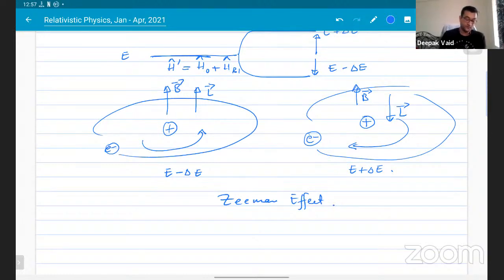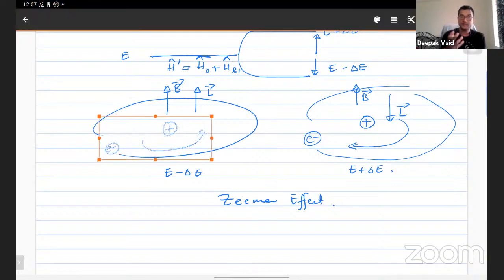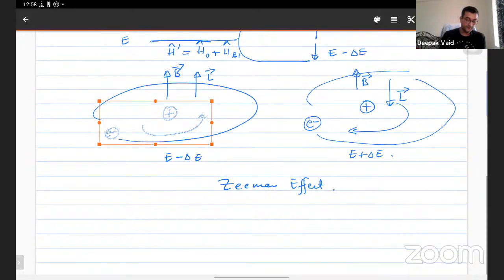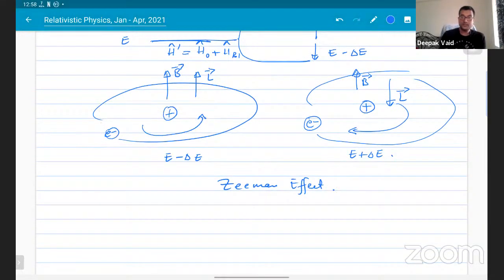But I'm just using this sort of classical description to give you the physical picture. So when I say that the electron is moving in this direction, it's not really like this. In one case the angular momentum eigenvalue is positive, and in the other one the angular momentum eigenvalue is negative. Okay. So this is the Zeeman effect.